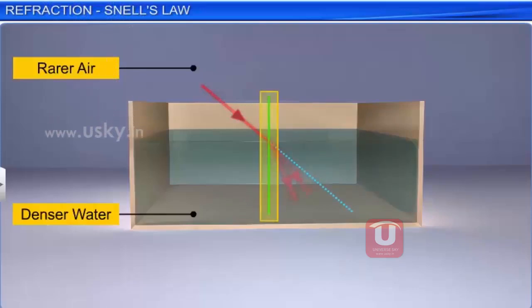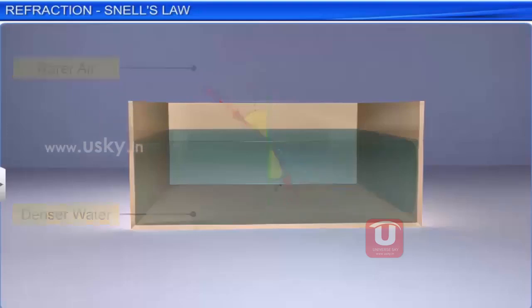The relationship between the angle of incidence, i, and the angle of refraction, r, is explained by the laws of refraction. When light travels from medium 1 to medium 2: 1.